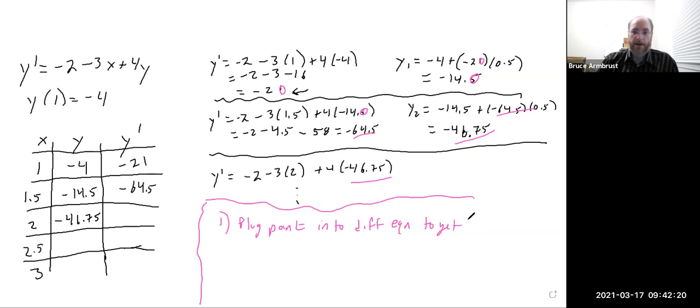And I'm going to put here to get the slope. Okay. Then what you do is you get your new y using, and I'm going to put here y equals, or how about, let's say yn plus 1 equals yn plus the slope times delta x.